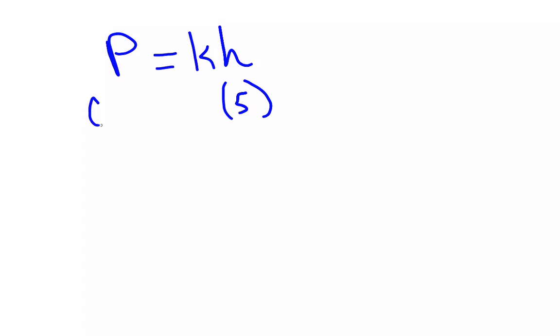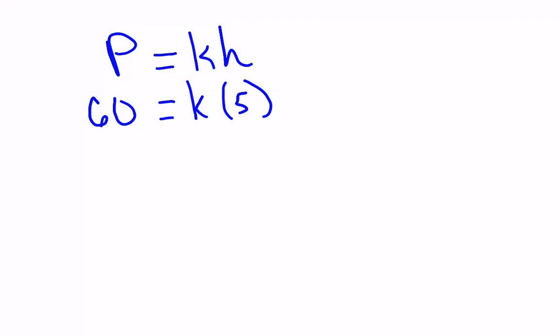So that's what we're going to be using. Now let's keep going. When Tomar works, so let me rewrite that. P equals kh. So it says when Tomar works 5 hours, he gets paid $60. Okay?